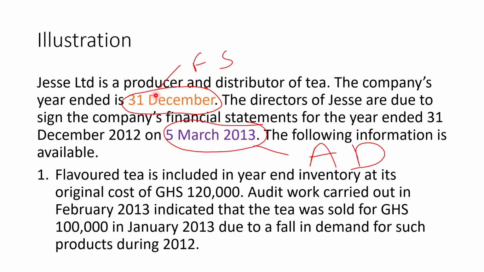The higher the closing inventory, the higher the profit. So if the closing inventory was overstated, was the profit overstated or understated?